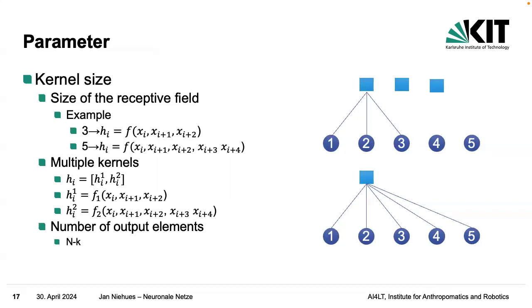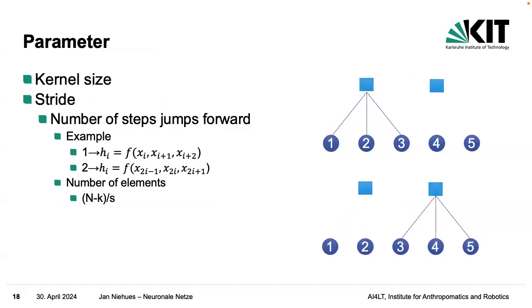There's another way of reducing them more, and especially if you have long kernels, you have a lot of overlap. Therefore, there is the other parameter, which is a stride. So far we always got one step further, that's what we always did here. However, if you have a long overlap, it might make more sense to not always shift by one position, but shift by several positions. So for example, here we also see the shift by 2.